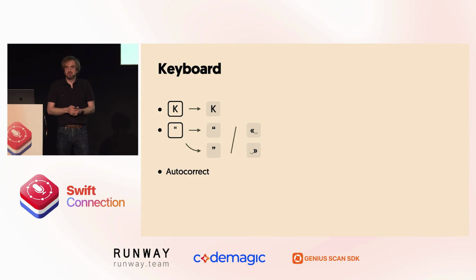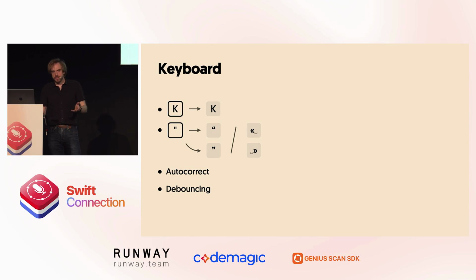For instance, there's autocorrect, famously, where you type one word and you get an entirely different word, for better or worse. And debouncing, where you're typing in a search field, and the search field waits for you to stop typing for a while before it sends the network request in order to save resources.